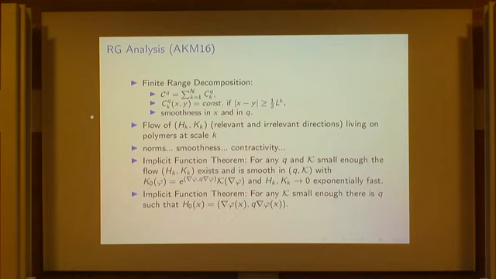So one way of saying this is that the interaction goes away completely, and H0 is the term which expresses the long-range behavior of the model. Yeah, exactly. There's no relevant direction because of the gradient.